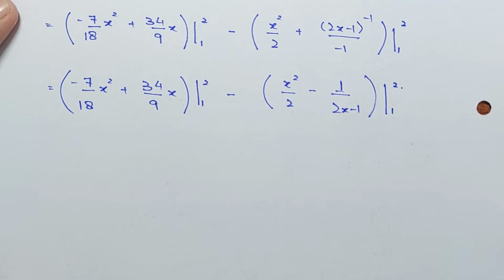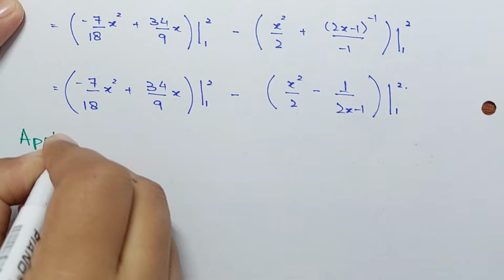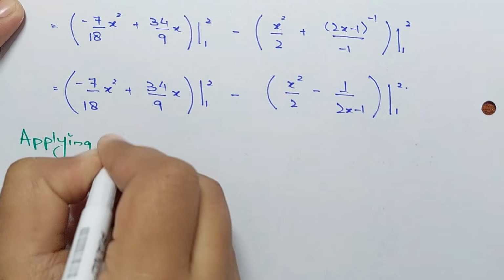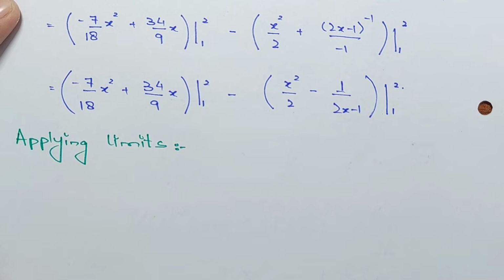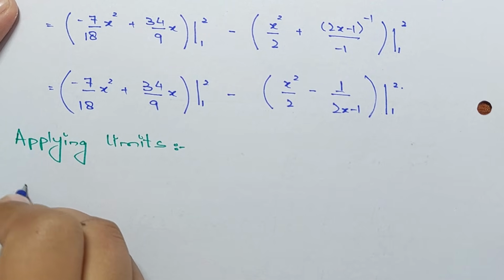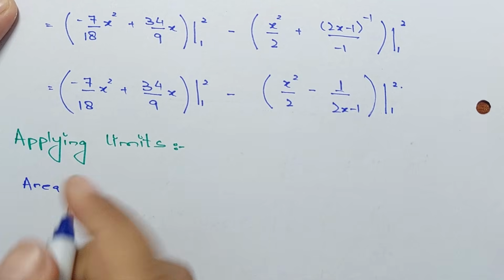Okay, now let me apply the limits. Now after applying limits, we will get the area. The upper limit is 2 and the lower limit is 1.